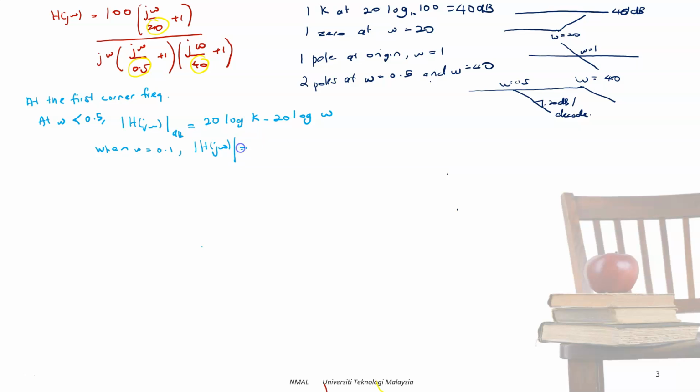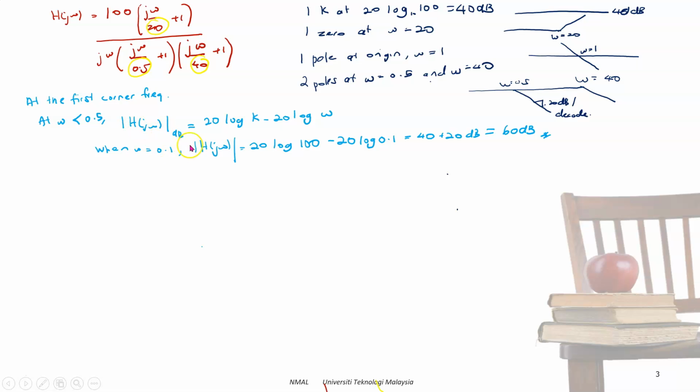H omega is equal to 20 log 100 minus 20 log 0.1. So we use a calculator, we calculate here, we will get 40 plus 20 dB equal to 60 dB. Okay, so this is when omega equal to 0.1.